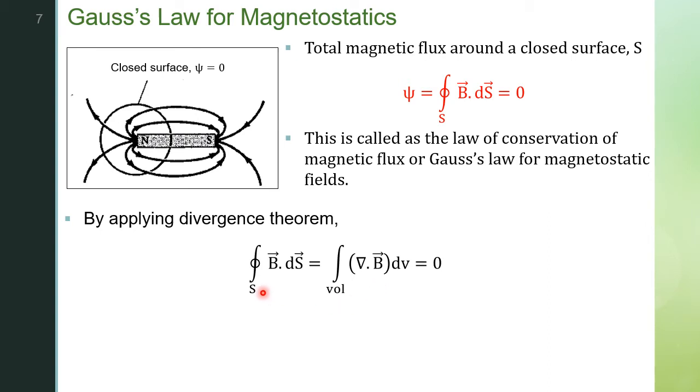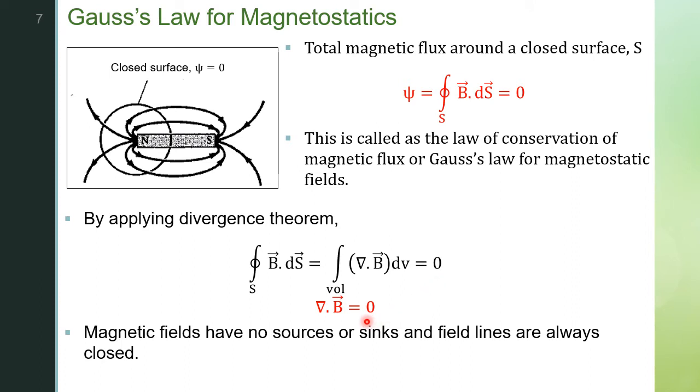So the closed integral of B dot ds will be equal to the integral over volume of del dot B dv, and that is equal to 0. Therefore, we can conclude that del dot B is 0. Thus, the magnetic field lines don't have any source or sink, and they will always remain closed. So that is the property of magnetic flux lines.